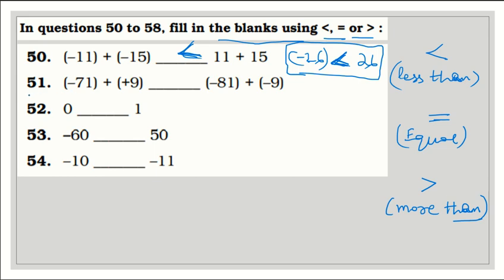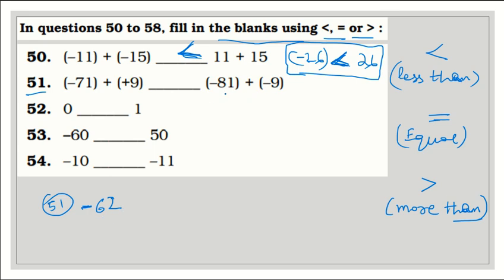Coming to question number 51, I will do it down. Minus 71 added to a positive integer. So one positive, another negative. So we will do the difference. 71 minus 9 gives 62, and the nature of this difference is considered from the greater number's sign. Here 71 is the greatest number, and its nature is minus, that is given to 62.